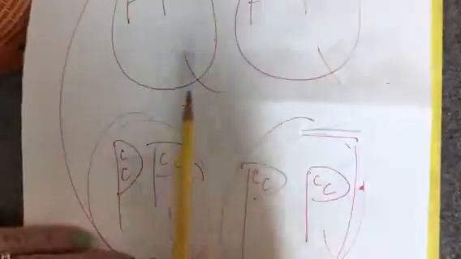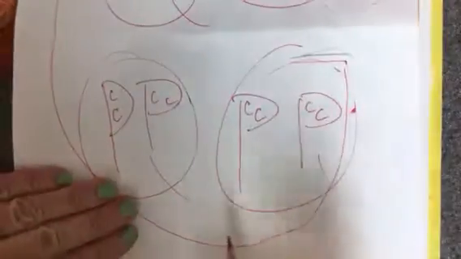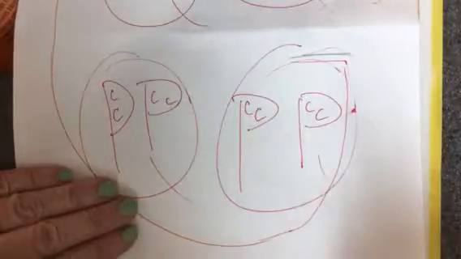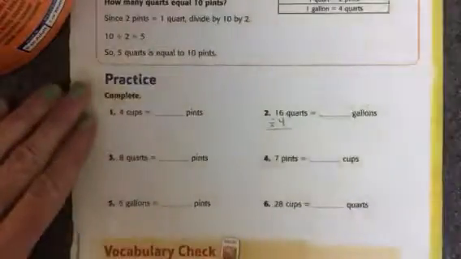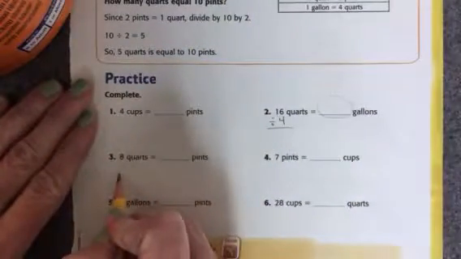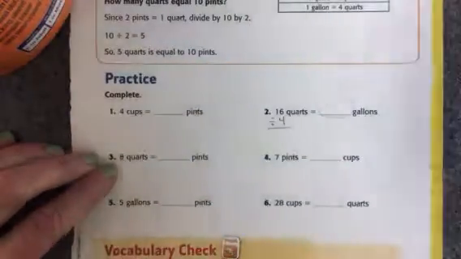Let's see. 4 quarts, 1, 2, 3, 4, is 1 gallon, and then I'm going to have to times by 2. Well, let's see how many pints are in 1 gallon. Looks like I have 1, 2, 3, 4, 5, 6, 7, 8. So I know that there are 8 pints in 1 gallon. Oh, I'm sorry, we're going quarts to pints. Let's do that again.